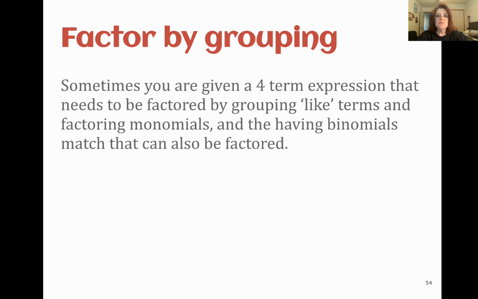Sometimes you're given a 4-term expression that needs to be factored by grouping. Like terms together, factoring monomials, then having binomials that match, that can also be factored out. So looking at this, notice the first two terms have a 3 and an x in common, and the last two terms have a 4 in common.